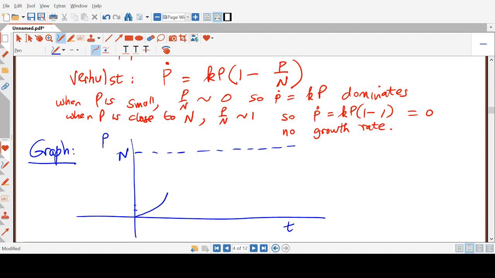When the population is big, you should have this thing tapering off, approaching the carrying capacity. So the birth and death rates are roughly the same. So the model is something like that.